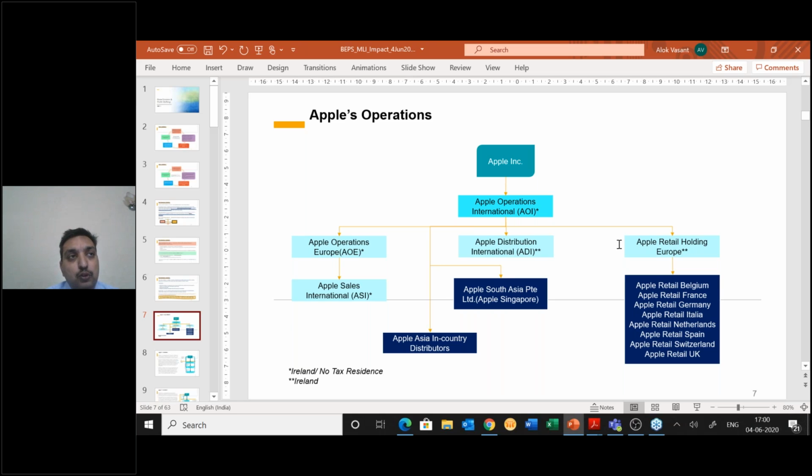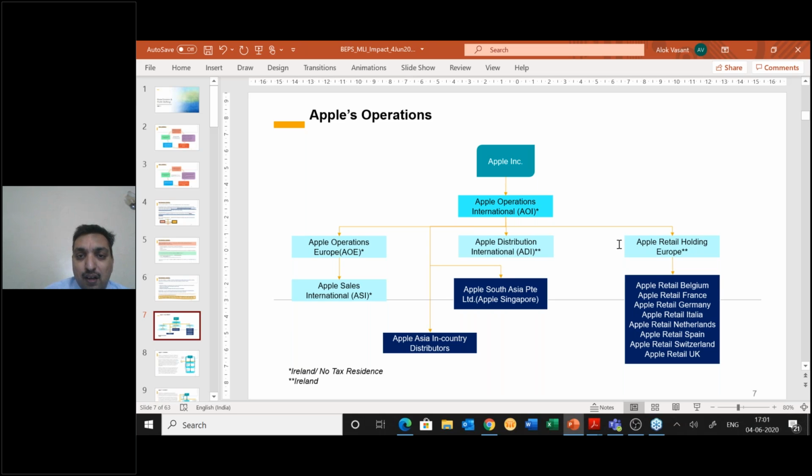And then they had distributors across the world, including India, including China. And the Apple Retail Holdings Europe had step-down subsidiaries in almost all European countries.